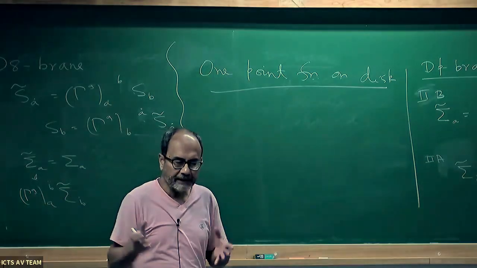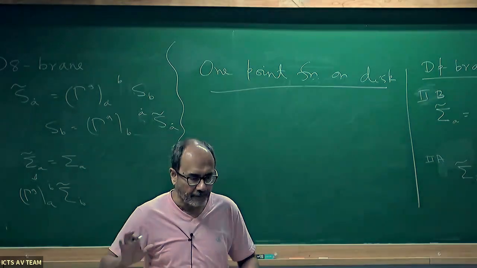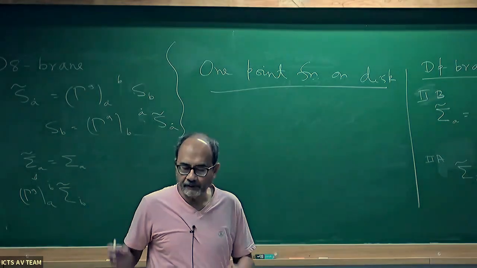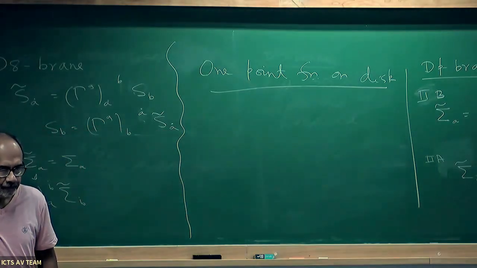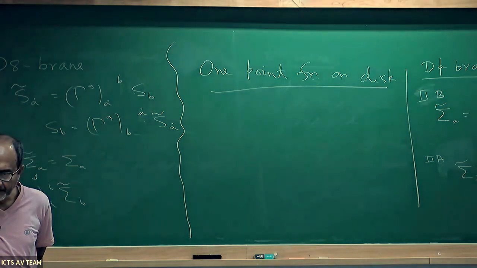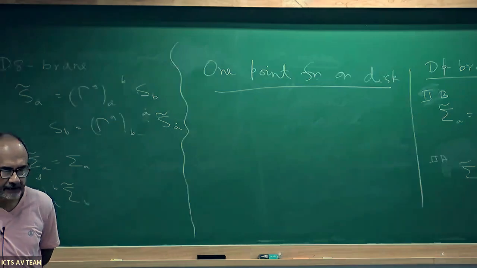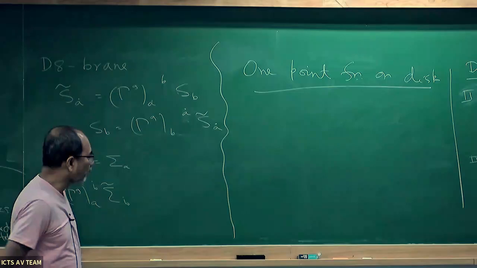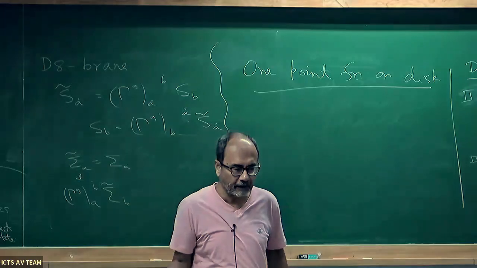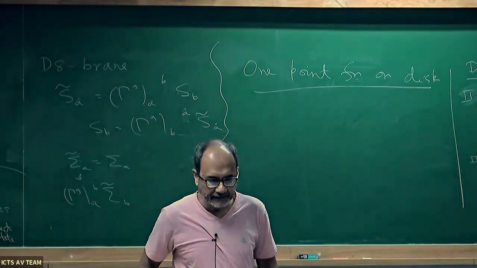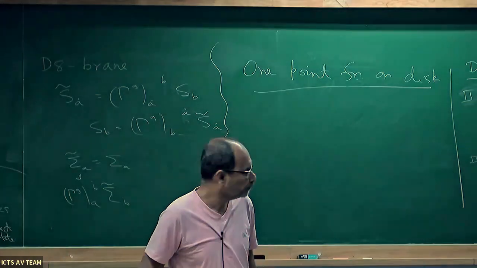Those will tell us that somehow the quantum corrections are generating a tadpole, but those are not related to D-branes. So the leading order where the D-brane comes into play is the disk, because the disk has Euler number 1, so it will give you a 1 over g_s contribution. That's why we focus on the one-point function on the disk. There are higher order corrections. The one-point function on the annulus will also depend on the presence of D-branes, but the leading contribution will come from the one-point function of the disk.